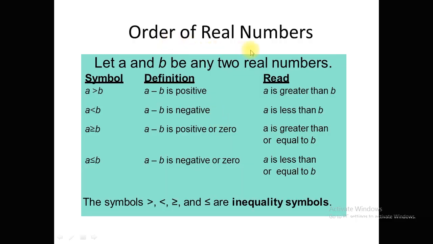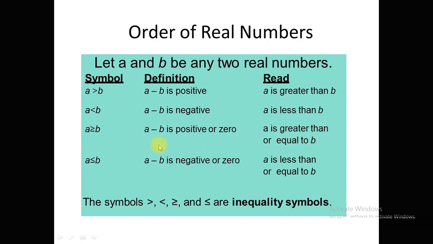Now the order of real numbers. Let A and B be any two real numbers. A is greater than B means A minus B will be positive, and A is less than B means A minus B is negative.